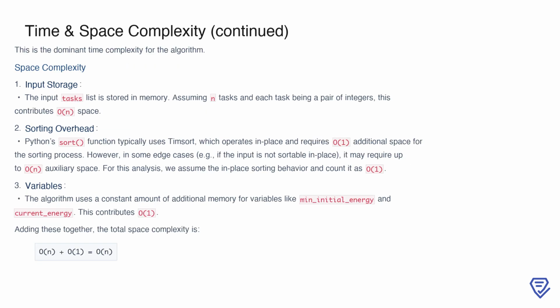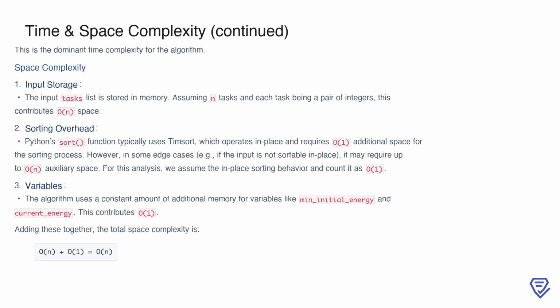Now, let's consider the space complexity of the algorithm. First, we have the input storage. The tasks list is stored in memory, and since it contains n tasks where each task is represented as a pair of integers, this requires O(n) space. Next, sorting is performed using Python's timsort algorithm. Timsort generally operates in place, meaning it requires only O(1) additional space.